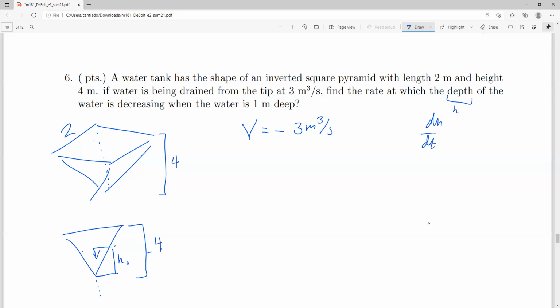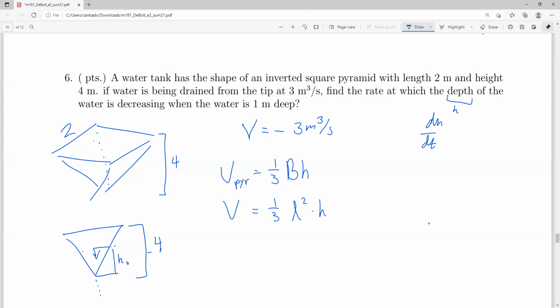In order to do that, the only equation we can form is the volume of this pyramid. In case you didn't know, the volume of any pyramid with any regular base is simply 1/3 the area of the base times the height. In this case, the area of the base is a square, so it'll be 1/3 of the length squared times height.